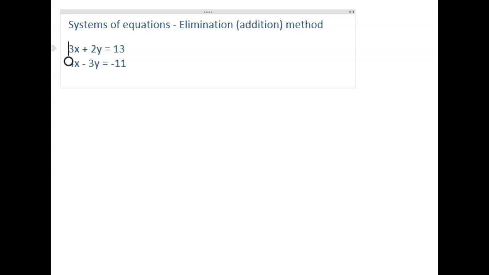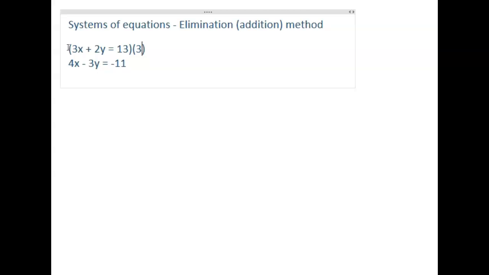I'm going to use the y's to try and eliminate because I already have a positive y term and a negative y term in the other equation. I know that 2 and 3, I can turn both of those into 6 pretty easily by multiplication. So if I multiply my top equation by 3, that's going to give me 3 times 2y is positive 6y.